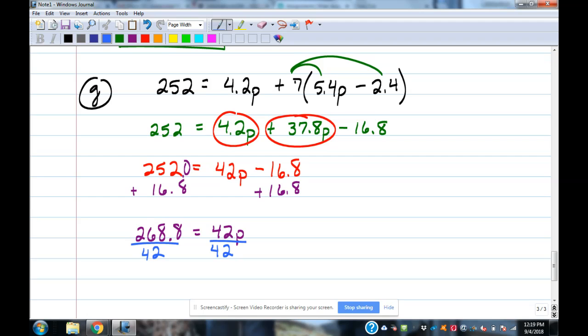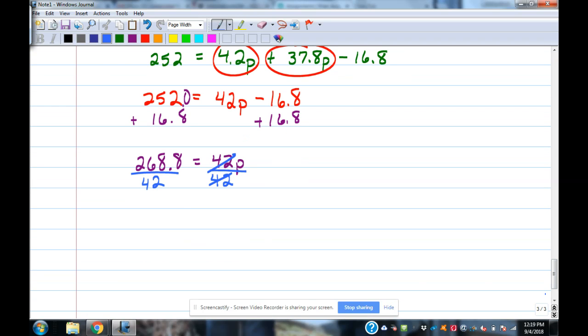You had the right idea, you just weren't working it the right way. So make sure that last step is dividing by the number that's in front of the variable. And what's 268.8 divided by 42? 6.4. Positive or negative? Good.